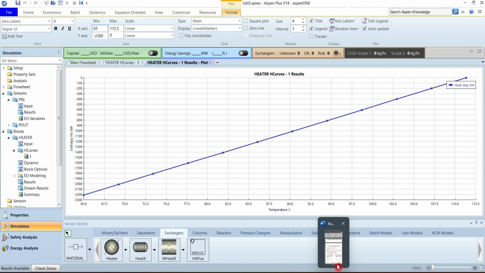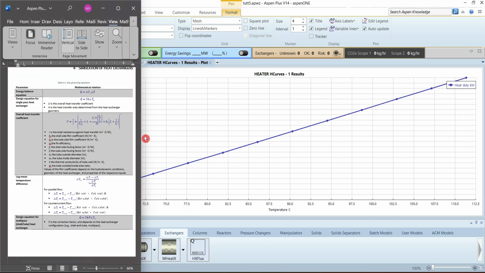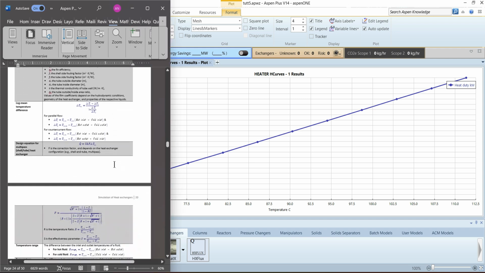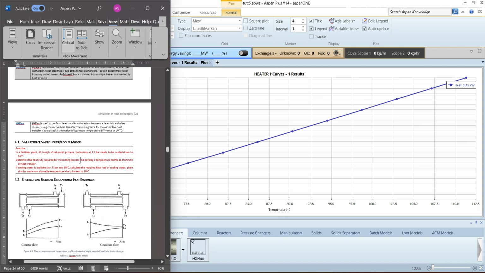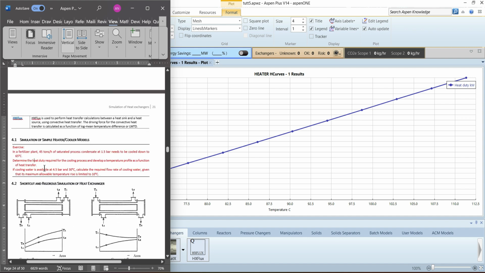The next task is we have to determine the flow rate of cooling water. The temperature, pressure, and the exit temperature of the cooling water specifications are known.